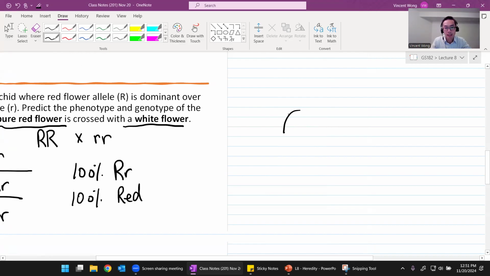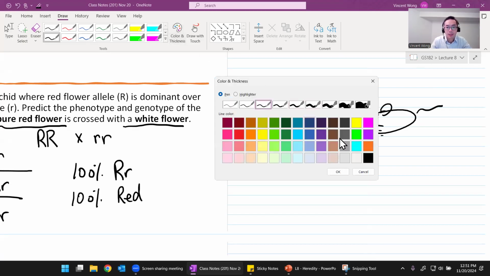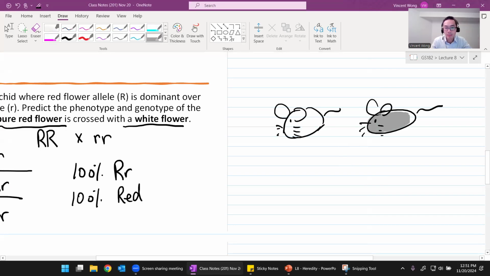Let's say I have a mouse here, and then I have another mouse here, and this one is gray, and then this one is white. All right, and we're gonna breed these mice, right? And they are both pure.